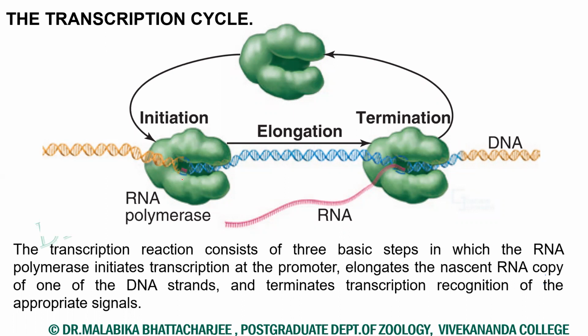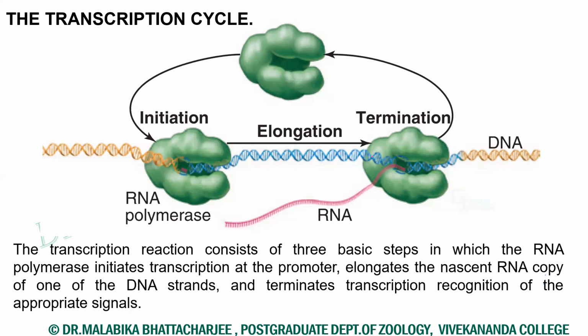So you have this promoter element where the RNA polymerase sits and binds to the promoter elements and escapes the promoter. As long as the RNA polymerase does not escape the promoter, we call it initiation. Once the RNA polymerase escapes the promoter, it starts transcribing the DNA, and this portion falls under elongation.